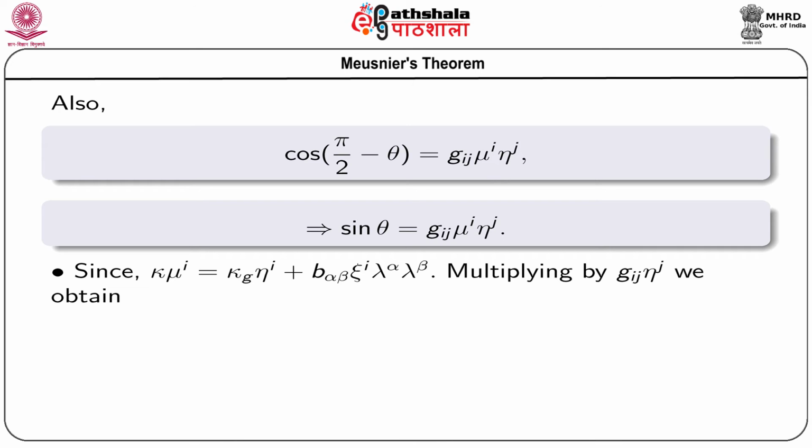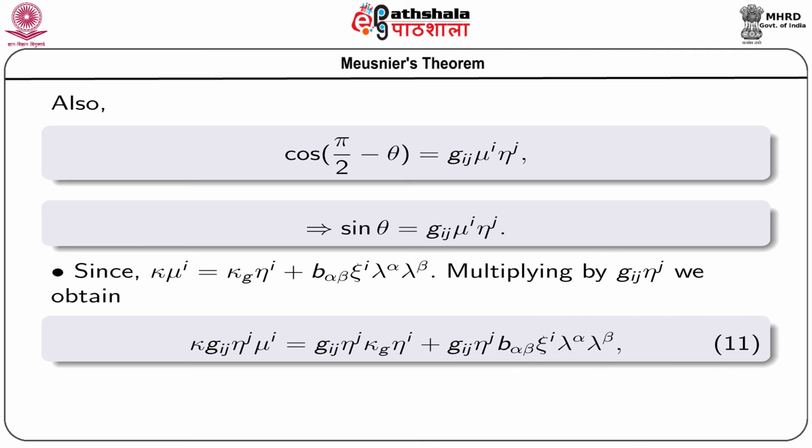Now, multiplying both sides by g_ij eta^j, we obtain kappa g_ij eta^j mu^i equals g_ij eta^j eta^i kappa_g plus g_ij eta^j b_alpha beta xi^i lambda^alpha lambda^beta.